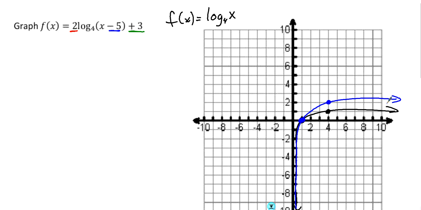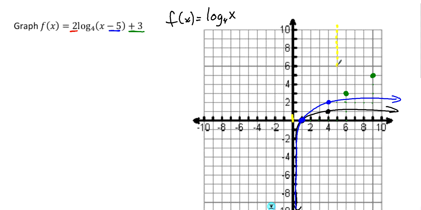Now, we're going to move our points to the right 5 and up 3. So these 2 points, the blue ones, I'm going to go 1, 2, 3, 4, 5, 1, 2, 3. And again, this time I have a vertical asymptote, and that asymptote is going to change when I shift it to the right. It was right here at 0, but now it's going to move over 1, 2, 3, 4, 5.